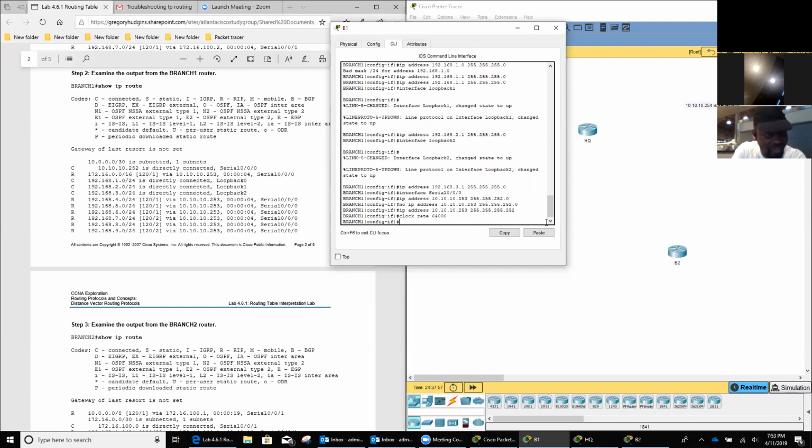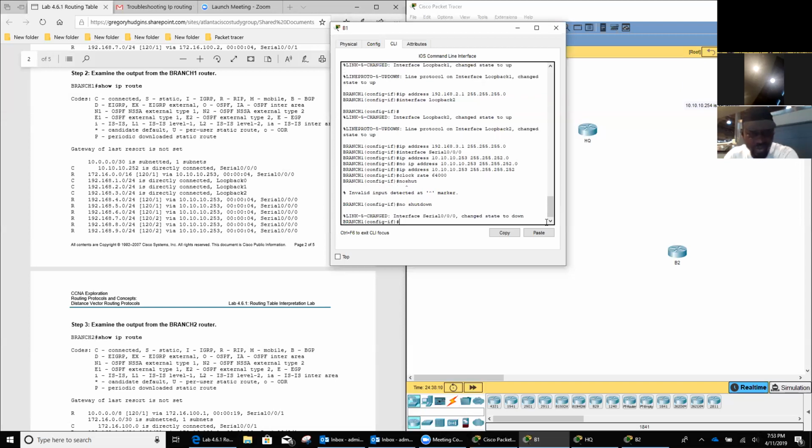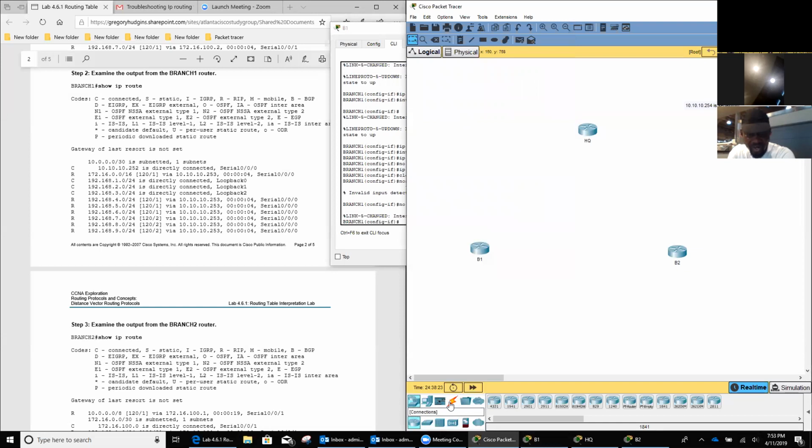Then do no shutdown. The show IP route won't tell you that it's a DCE anywhere. Right. So what we need to do now is add the cable. Let's add the DCE cable from the router for branch 1 to HQ. Yep, so let's start with branch 1.